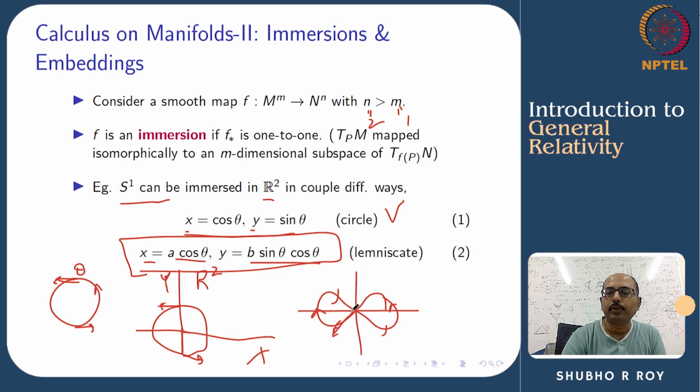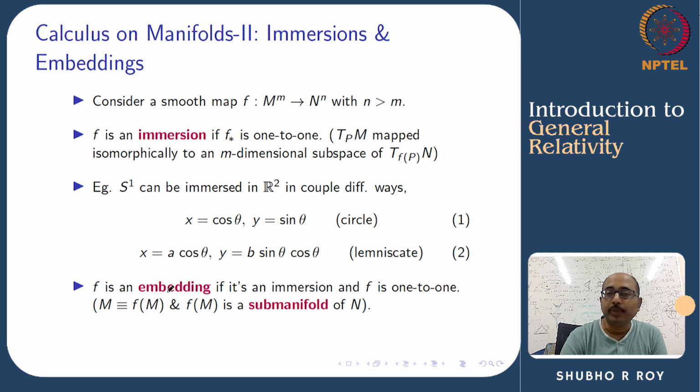And then when it's coming back, it is coming in. So theta equals minus pi by 2. The tangent vector at the south pole is mapped here, and the tangent vector at the north pole is mapped to this vector. So this is also a one-to-one map, and hence the lemniscate is also an immersion of the circle into R2.